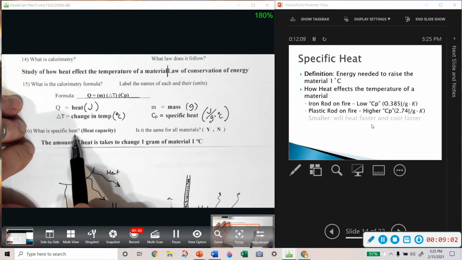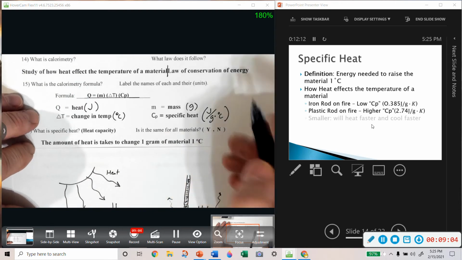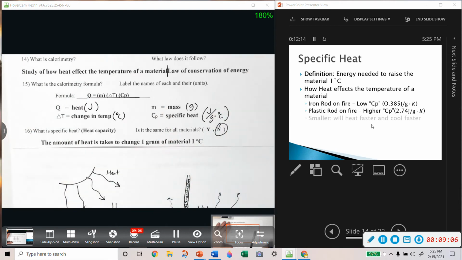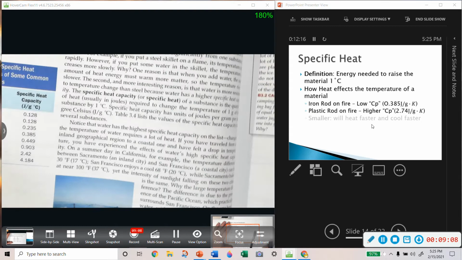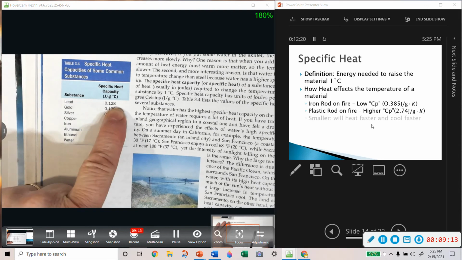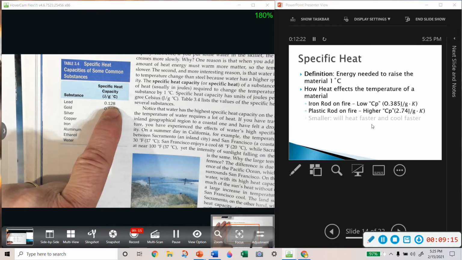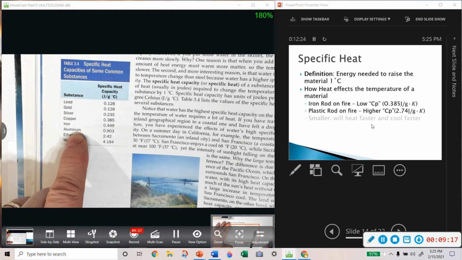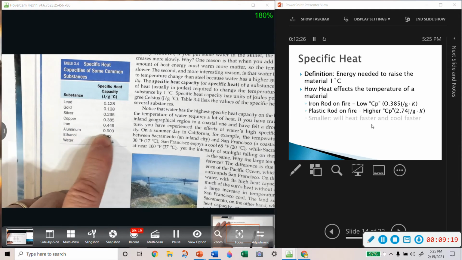So is the specific heat for every material the same? No. And so in your book on page 80, we have a list of specific heats. Lead can take very little heat. It quickly changes temperature. Iron can take it a little bit better. Aluminum, even a little bit better. Water is the best.